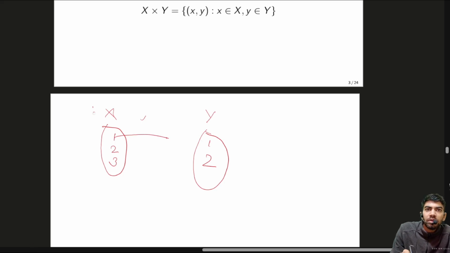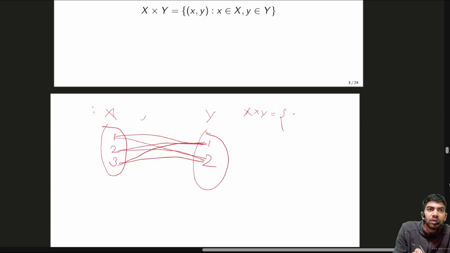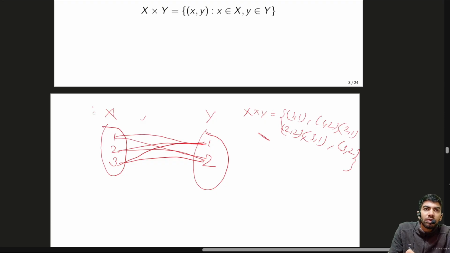I will map 1 to 1, all elements of X joined with all elements of Y. The collection of all ordered pairs: (1,1), (1,2), (2,1), (2,2), (3,1), (3,2). This is the Cartesian product of X and Y.